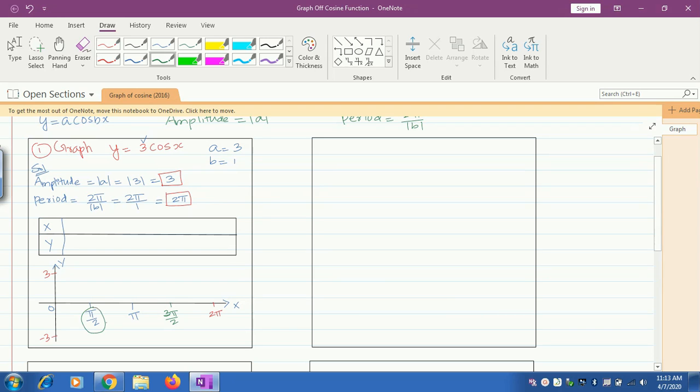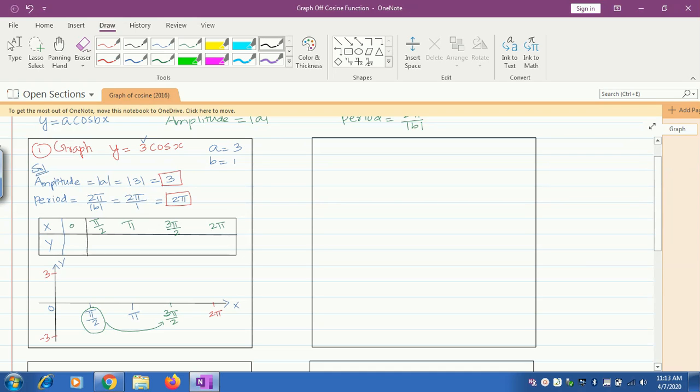Now just plot the graph. First write the points: 0, pi over 2, pi, 3 pi over 2, and then 2 pi.